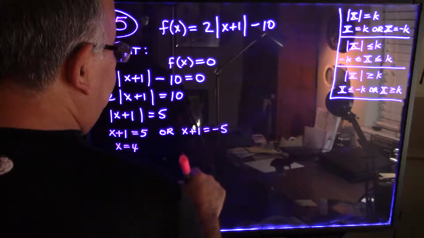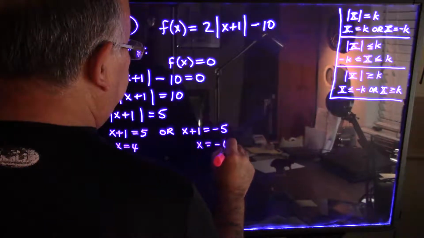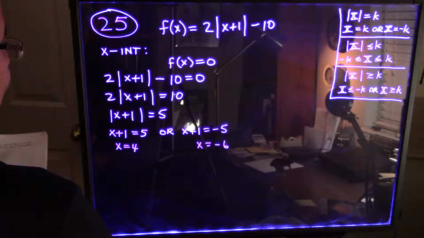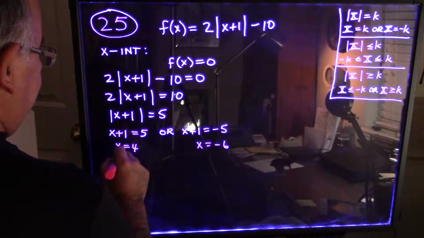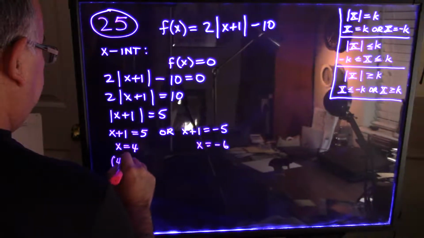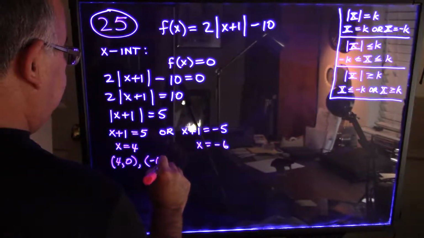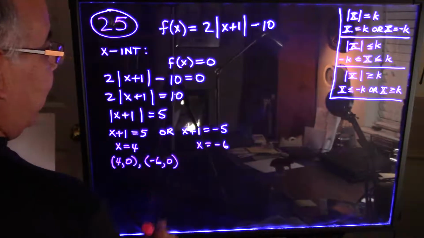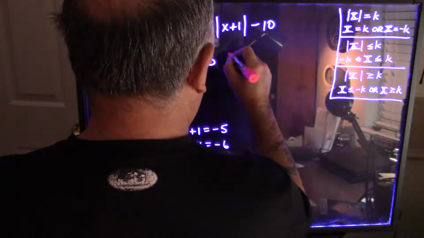Or over here, subtract 1, you've got x equals negative 6. So again, y equals 0 at these points, so the two x-intercepts are 4, 0 and negative 6, 0.